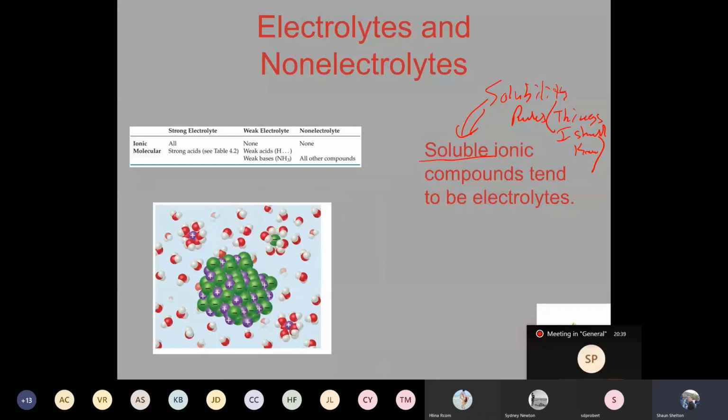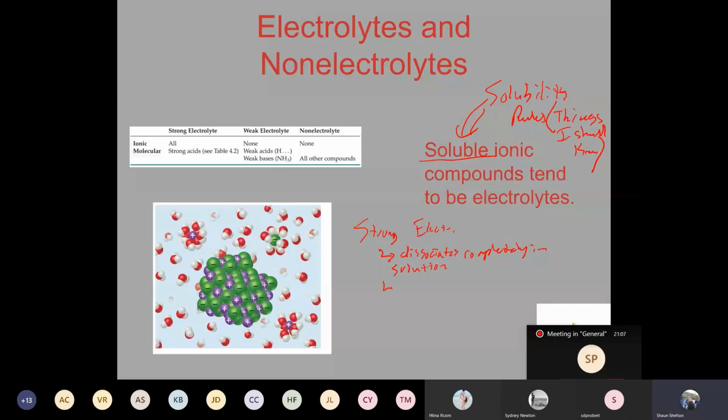When we talk about electrolytes, so strong electrolytes. What is a strong electrolyte? It's a compound that dissociates completely in solution.